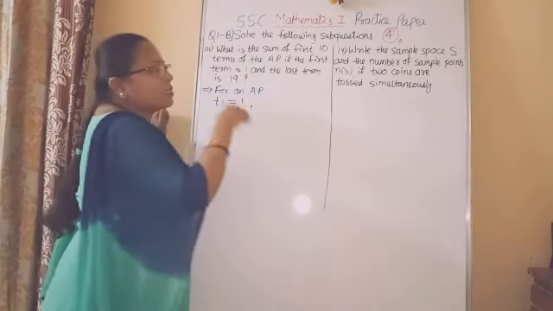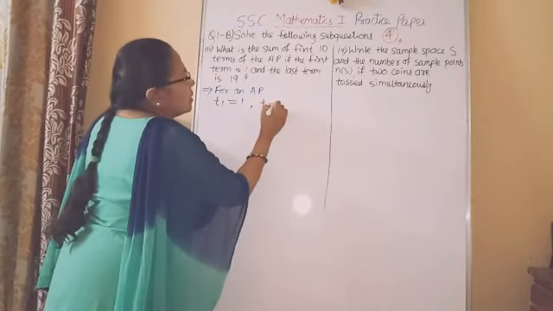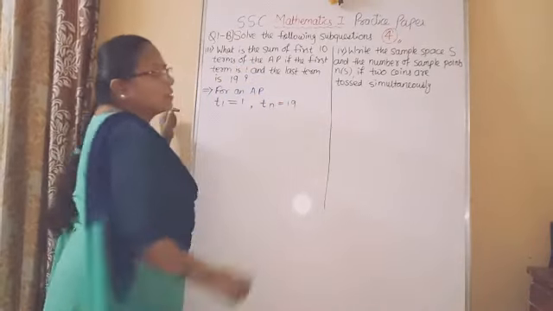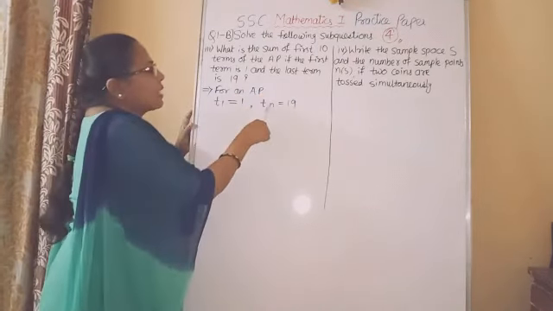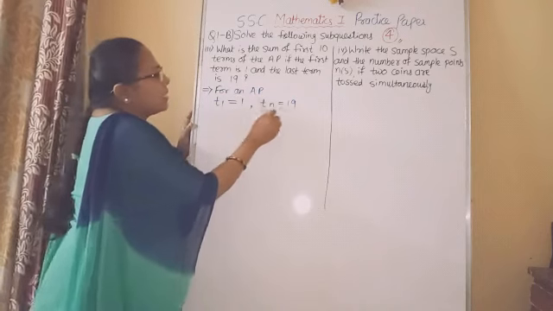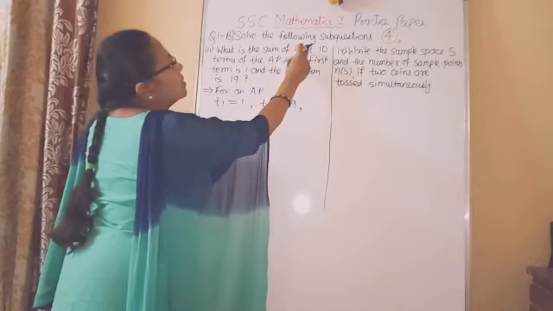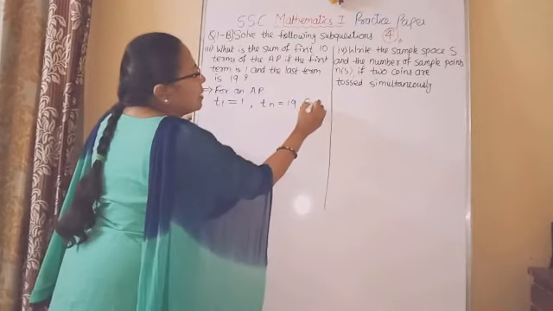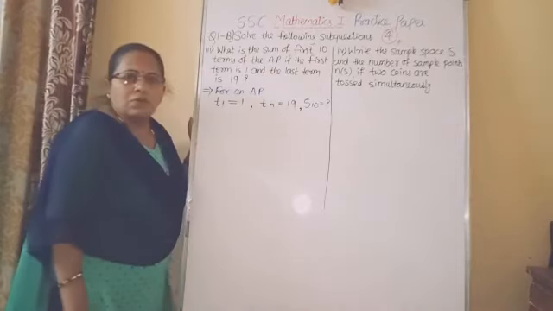Second value, last term means the nth term. So Tn is given 19. Last term is nth term. Tn is equal to 19. And we have to find out the sum of first 10 terms. Means we have to find S10 is equal to question.